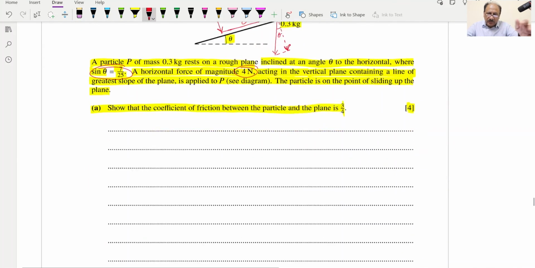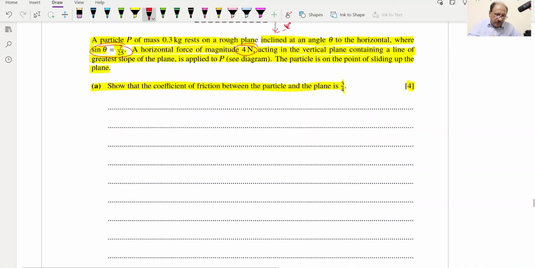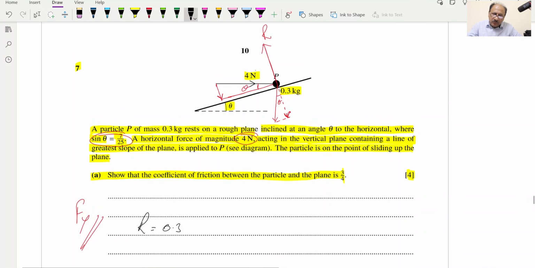So we can write y component, if we resolve along y-axis, what will be the equation? R will be equal to 0.3 g cos theta.